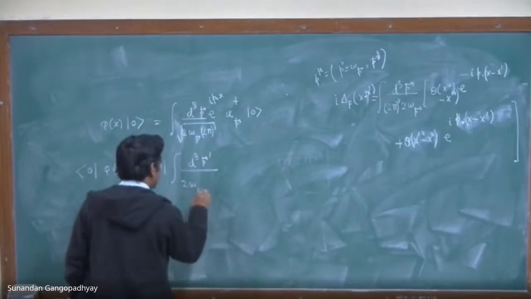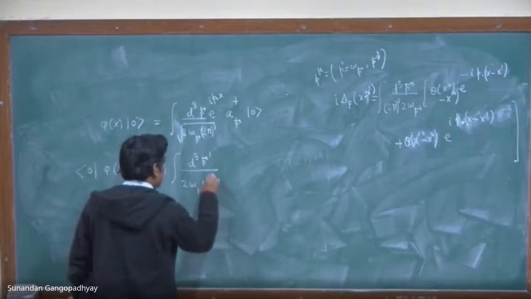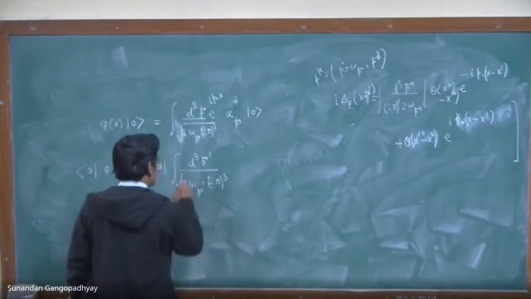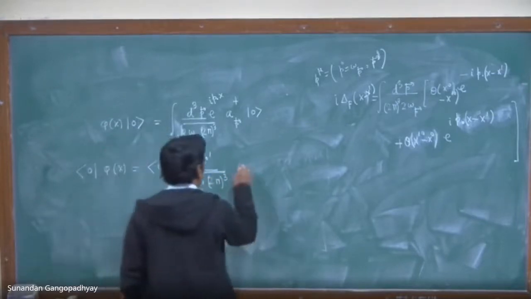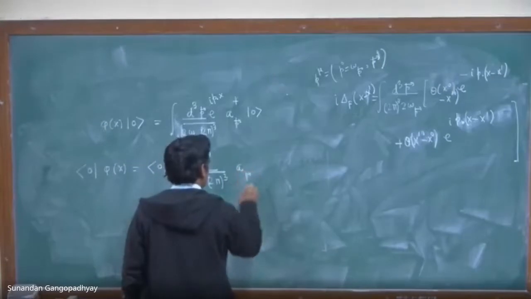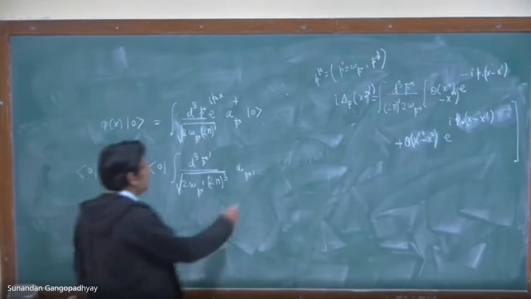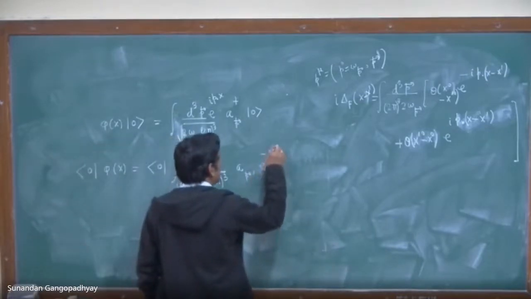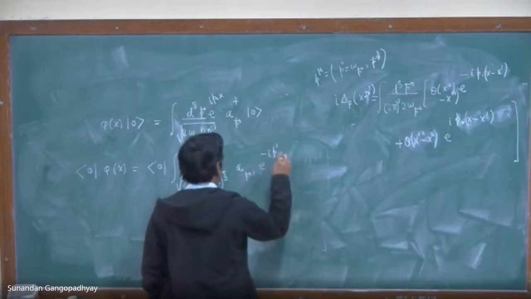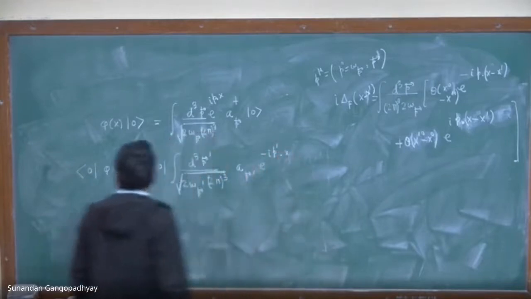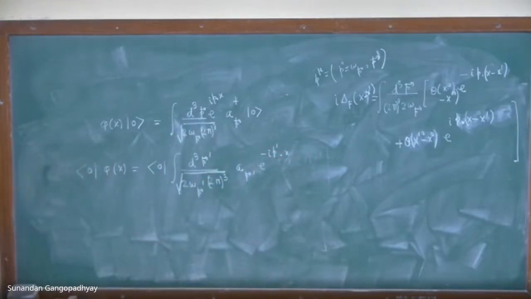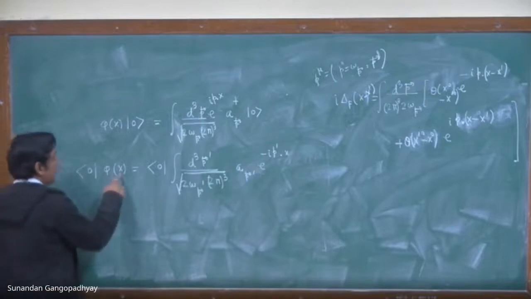Obviously you will have e to the power of minus i p prime dot x. And now you just change this x to x prime, to incorporate, see here you have two points, x and x prime. So I will write another point here, which is different from x. This point is x prime.